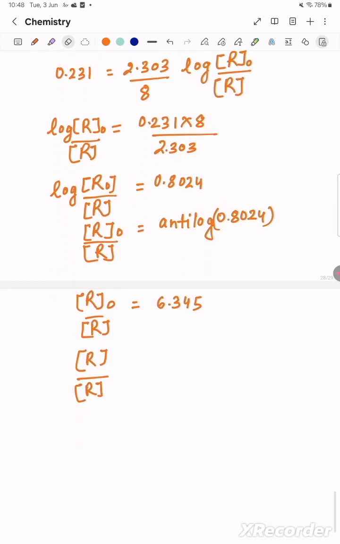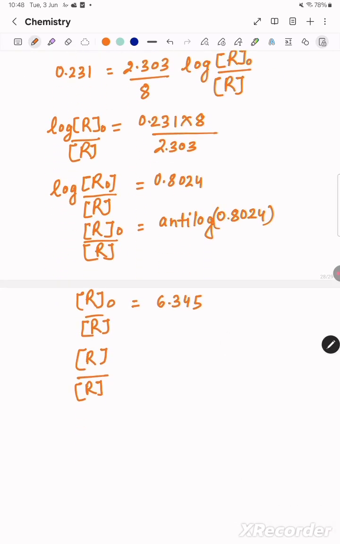So suppose the initial concentration is R naught and after 8 hours the concentration will become R. So if we have to find the fraction of molecule after 8 hours, it will be R by R naught, meaning final reactant at a particular time upon initial reactant.